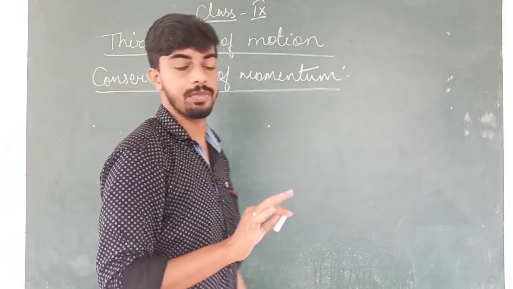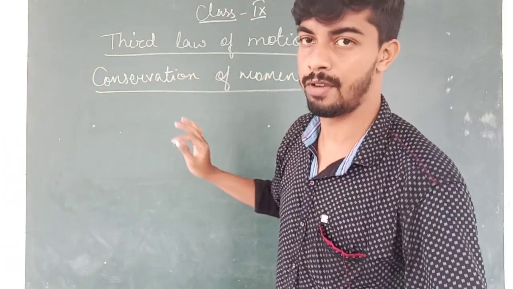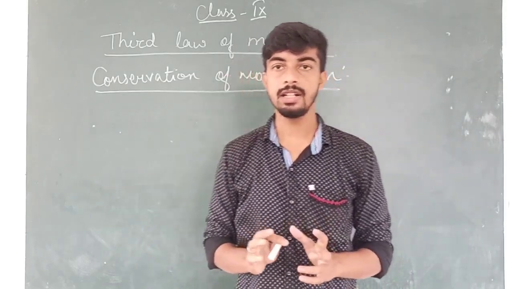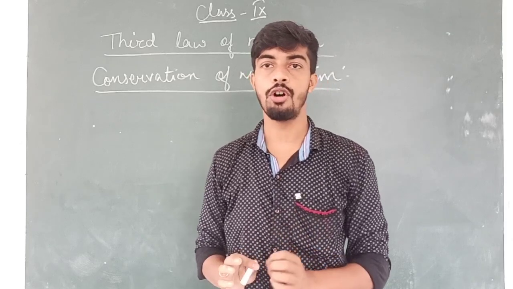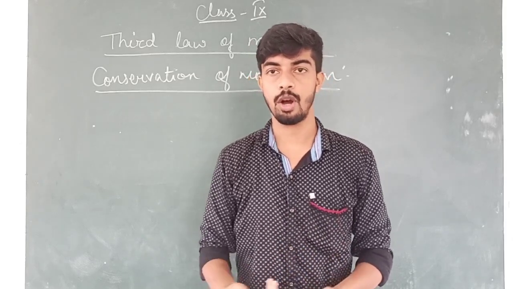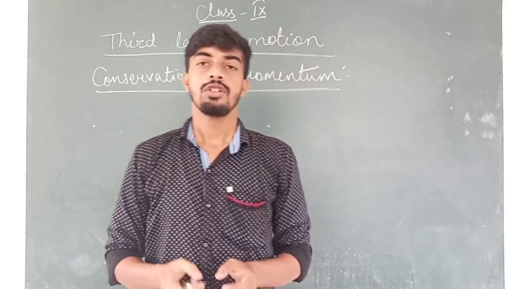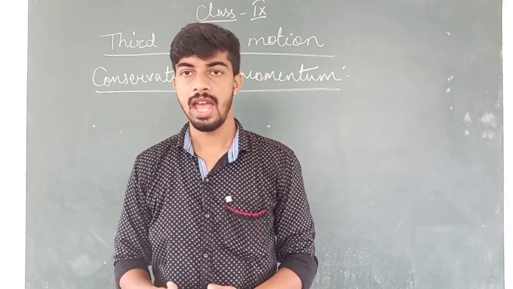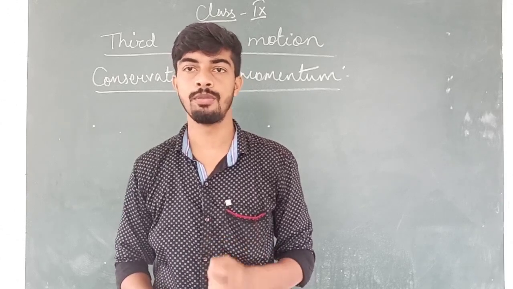Conservation of momentum. Now, what does this line mean? First of all, momentum, we simply know, is the product of mass and velocity of a moving object, in simple words. If an object is moving, the object will have a velocity, and every object has its own mass.